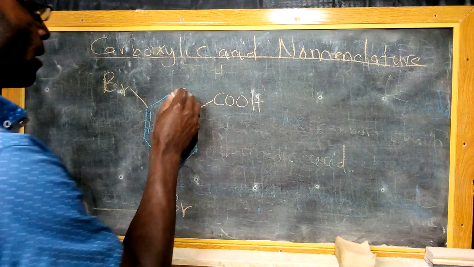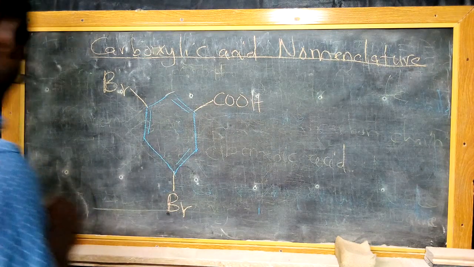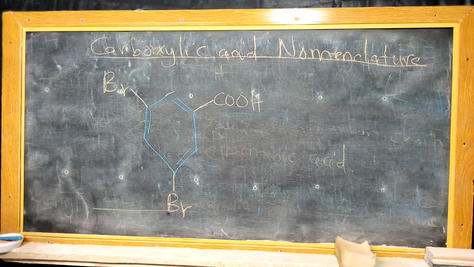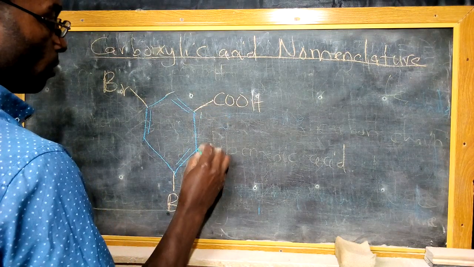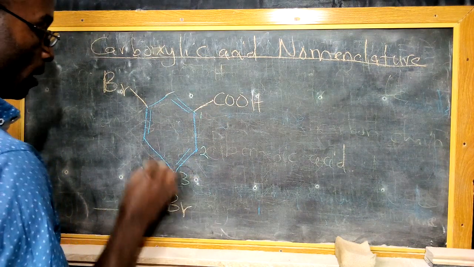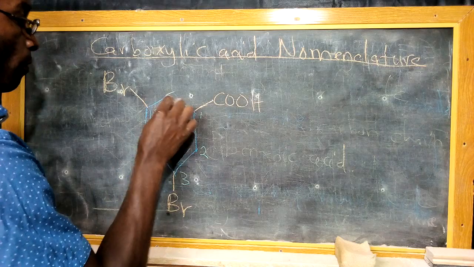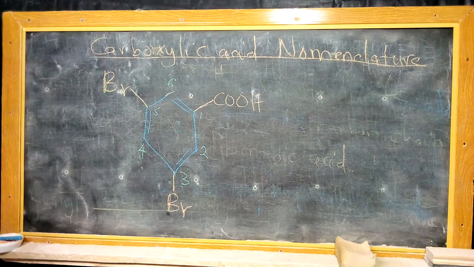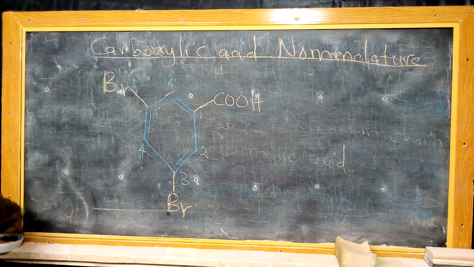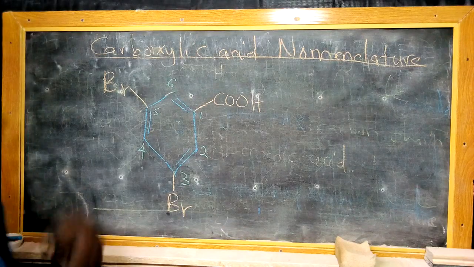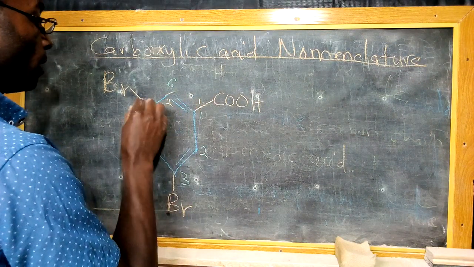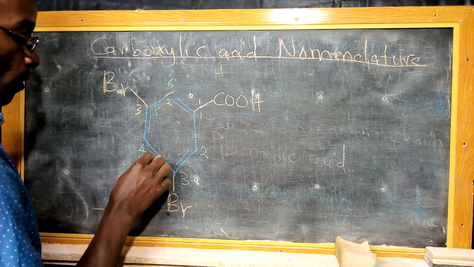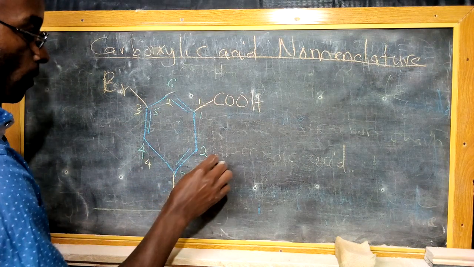if you look at the numbering of this particular compound, you will find that if we start from this functional group, this is 1, 2, 3, 4, 5, and 6. And if we use a different numbering direction, maybe that way, this will be 1, 2, 3, 4, 5, 6.